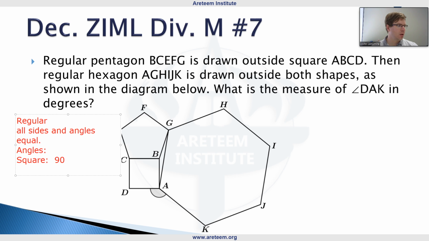For a pentagon, they are all 108, and for a hexagon, they are all 120, right? So where do all those examples come from? Remember, we just figured out what they all add up to, and so then you could divide to figure out what each angle is as well.